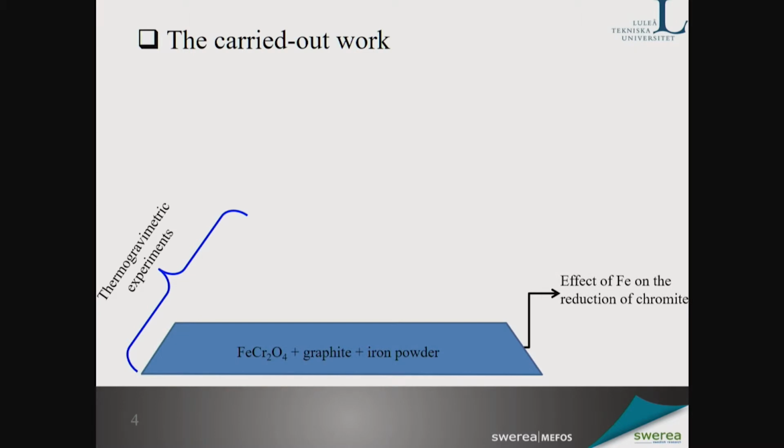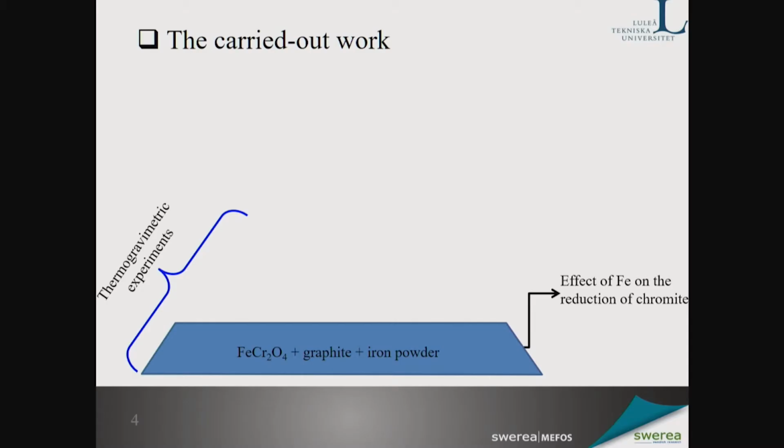First, I investigated the carbothermic reduction of synthetic chromite in the presence of iron powder. The purpose is to investigate how the iron addition can influence the reduction of chromite ore. It's well known that in the real industrial process, it's impossible to use the expensive iron powder.